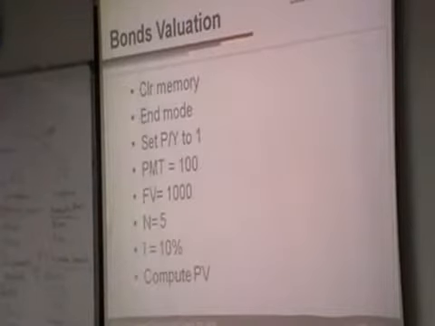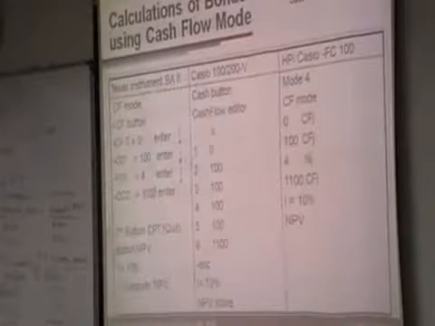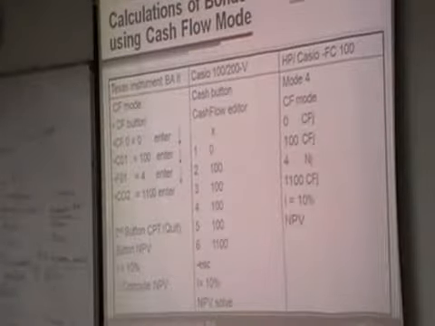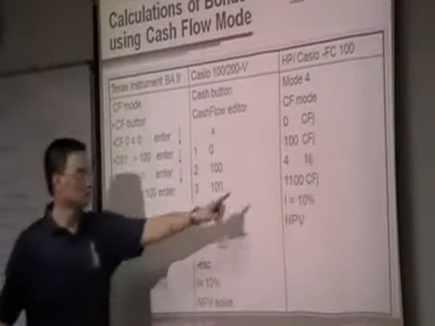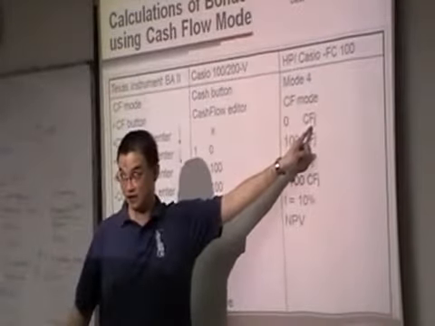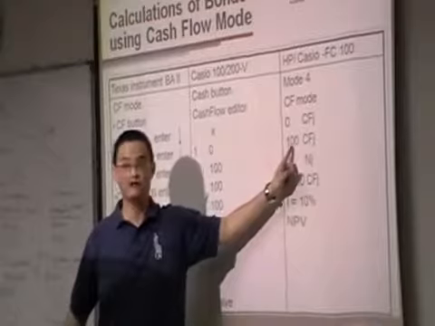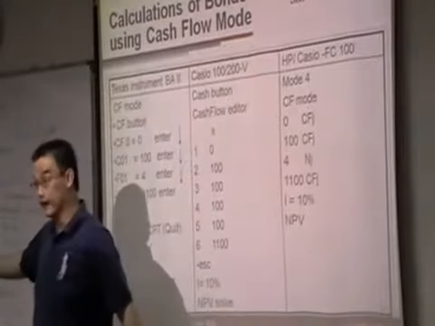Now, how about using your cash flow? Listen very carefully. I'll start with HP first. For cash flow, is there anything at year 0? No. You have to key in 0 CFj. And then after that, you must key in 100 CFj because that is year 1.